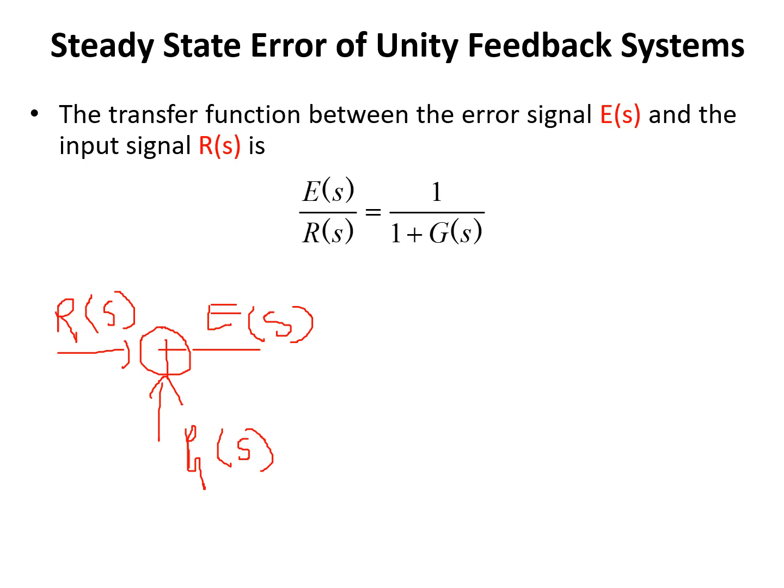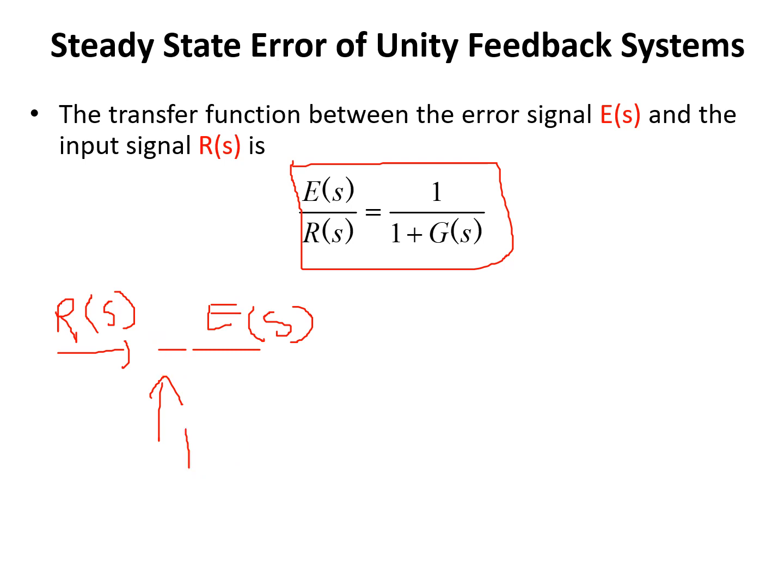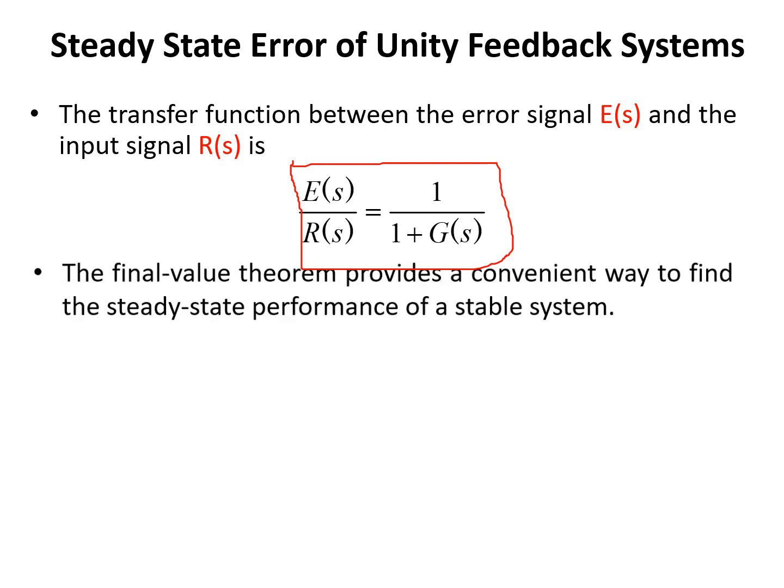When we simplify this, you get E(s)/R(s) equal to 1 divided by 1 plus G(s). This is the error signal that we get for the system. Using this expression, we can find the e(t) value for a system. So let's see how we can do this.